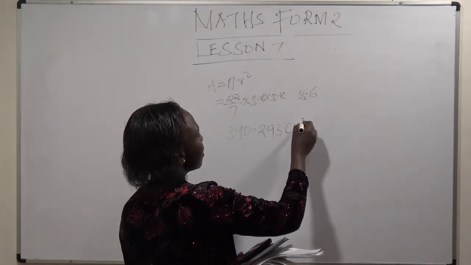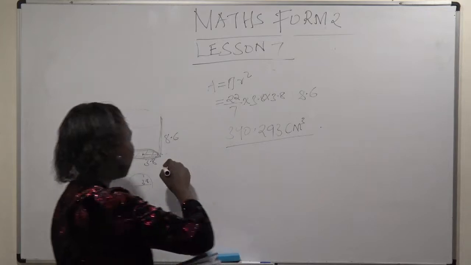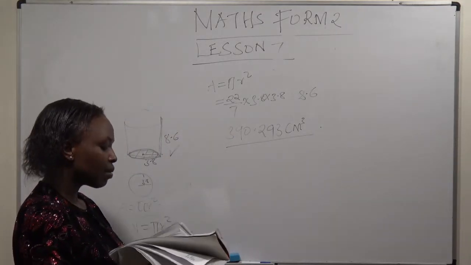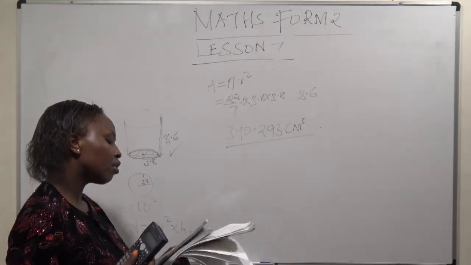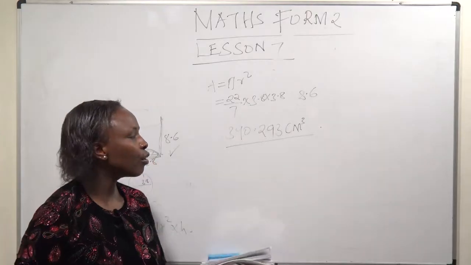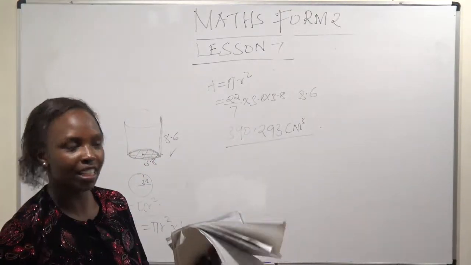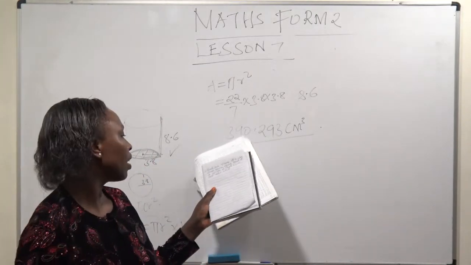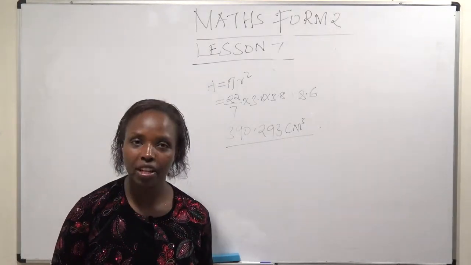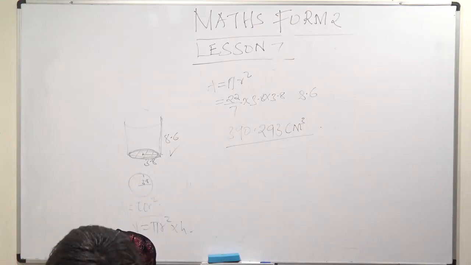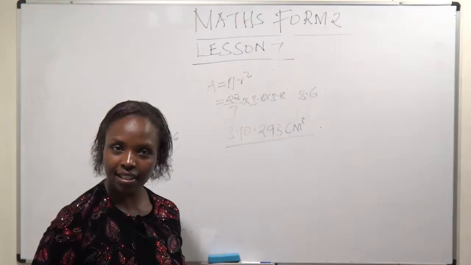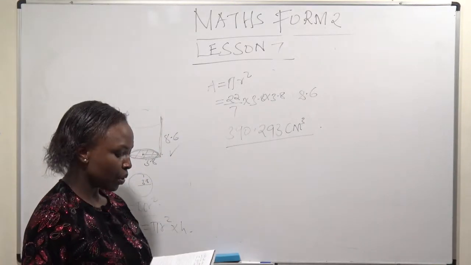That is the volume of this cylinder. The question said to find the volume of a cube whose volume equals that of a cylinder. Since the volume of this cube is equal to that of the cylinder, that is the volume of this cube. I hope you got it right. If you didn't, you are going to rectify, do more exercises, and you will perform well in mathematics.